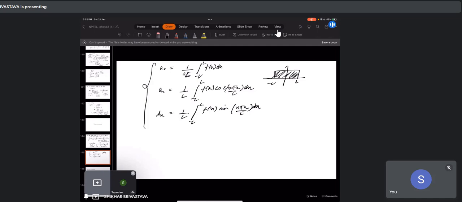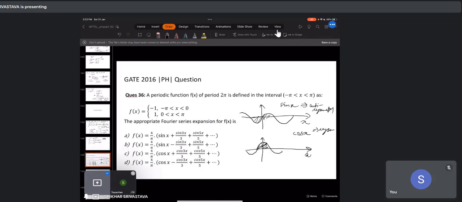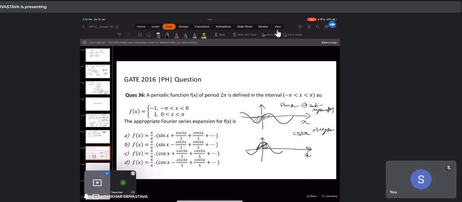Suppose a question which came in GATE 2016. They have given a periodic function f(x) of period 2 pi, and it is defined in the interval minus pi to plus pi. The function is minus 1 to 1.